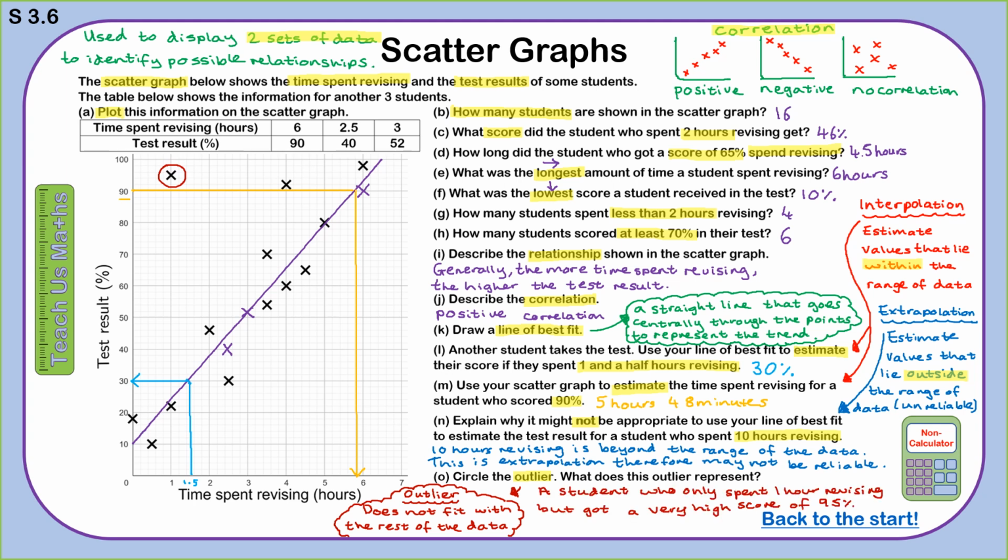So that completes our analysis of the scatter graph. It's your turn to have a go at doing the same. Make sure that you understand the following: correlation, line of best fit, interpolation, extrapolation, and outlier. In I'm Building My Confidence, you will have some scatter graphs to analyse just like we have done here.